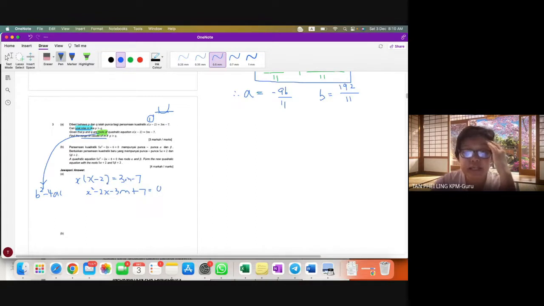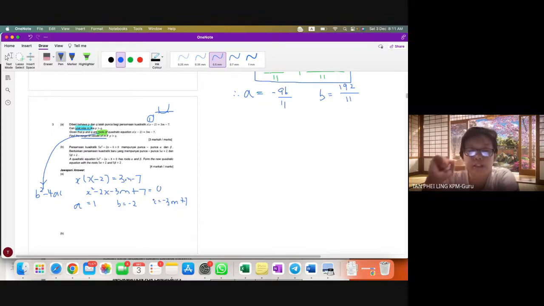So now I start. Okay, so from here my A is 1, my B is negative 2, my C is minus 3M plus 7. So I repeat, regarding roots, only two things. One is either sum and product, okay? Another one will be B squared minus 4AC.